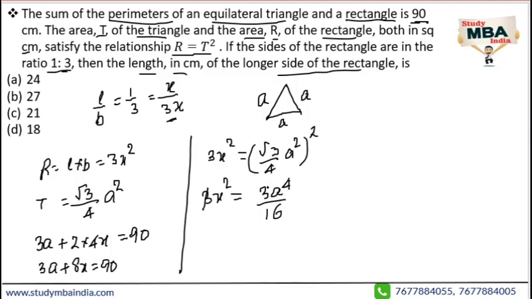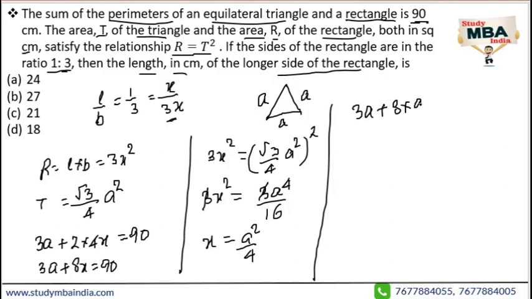If we cancel out 3 and 3, we can say x is equal to a square by 4. So instead of x, we can put a square by 4. Now if we put x as a square by 4, we will get 3 times a plus 8 into x, which is a square by 4, equal to 90. 4 twos is 8, so this is 2 times a square plus 3a minus 90 equals 0.